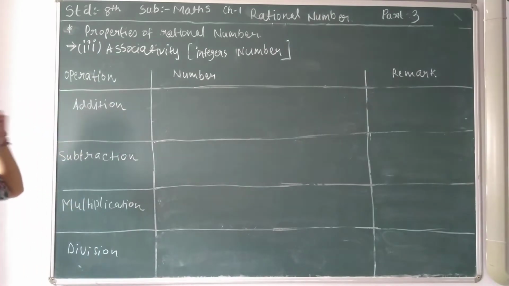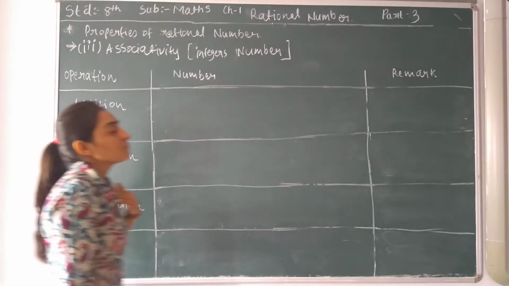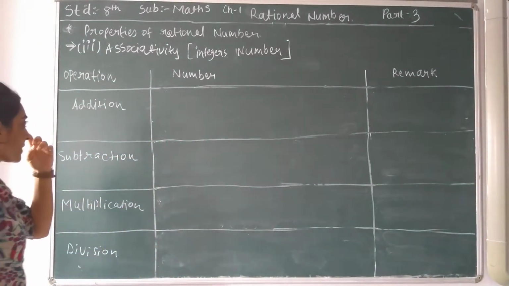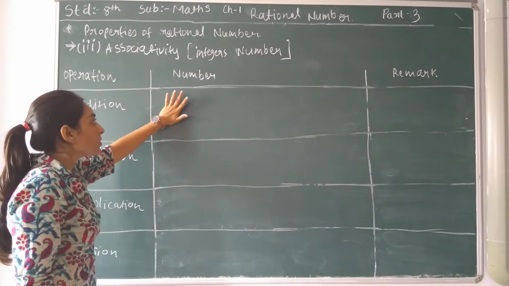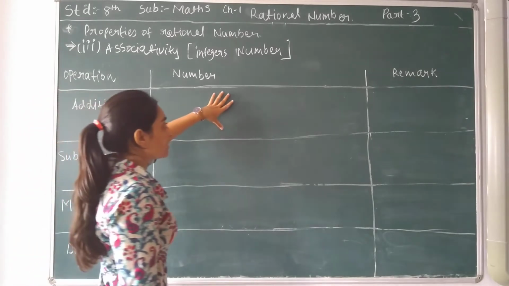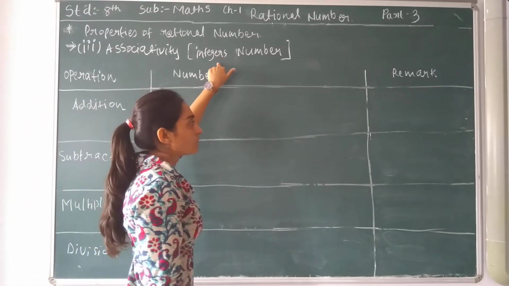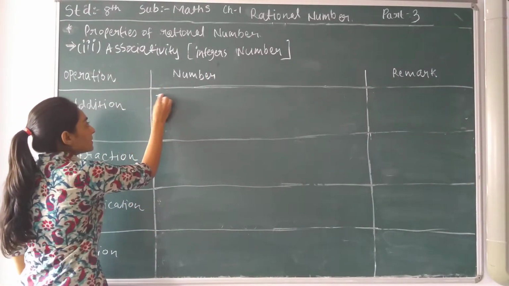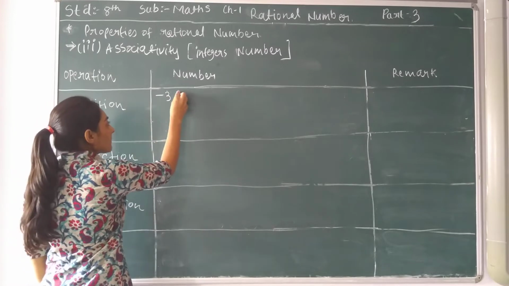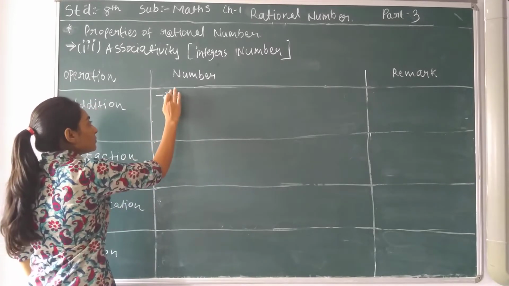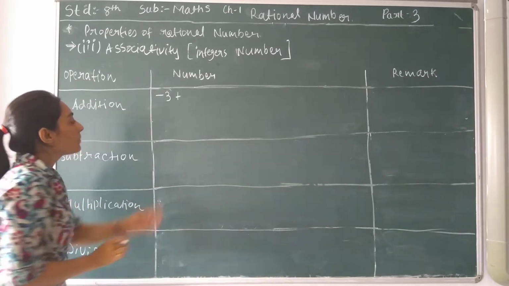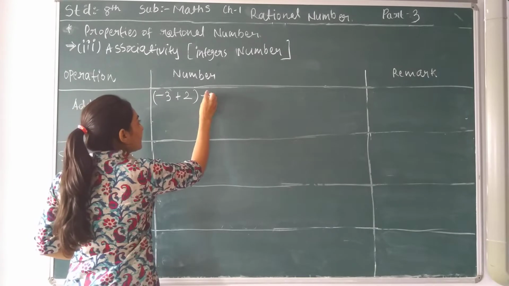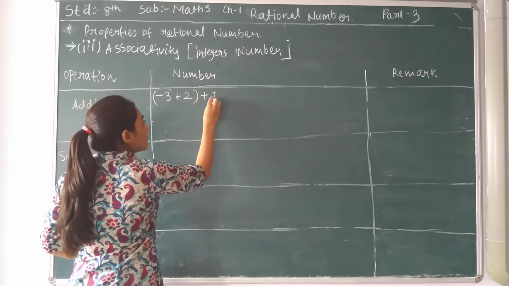Okay. Now again, associativity means we are going to take any 3 numbers and do all these operations. In the previous video, we took numbers from the whole numbers. Now we are going to take the numbers from the integers only. Say I take minus 3 plus, we have to do the addition, (minus 3 plus 2) plus 1.